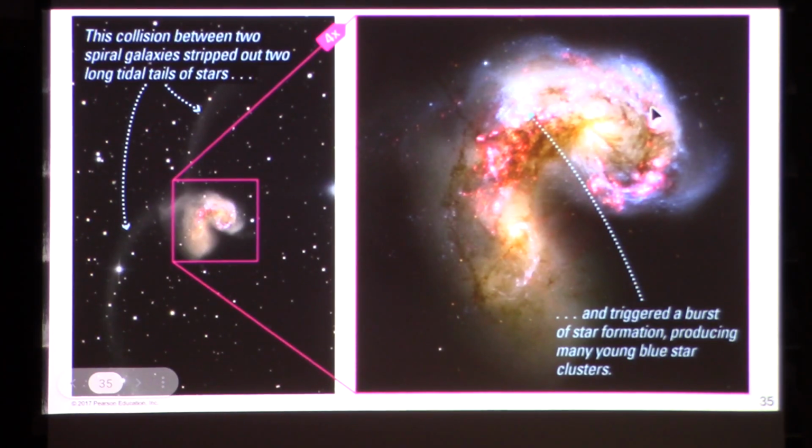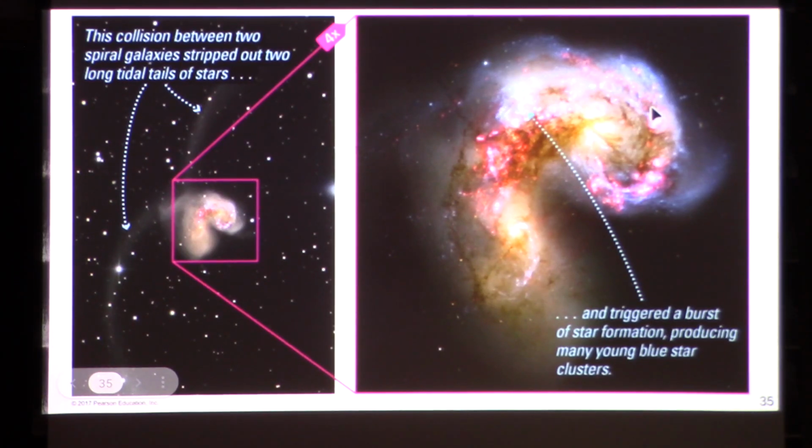Thinking Newtonianly, the gravitational force from the other galaxy is stronger on the near side than on the far side, and that tidal difference in those forces strips out these tidal tails. The Sun could conceivably be thrown into intergalactic space along one of those tidal tails.